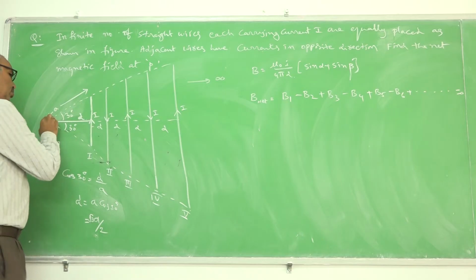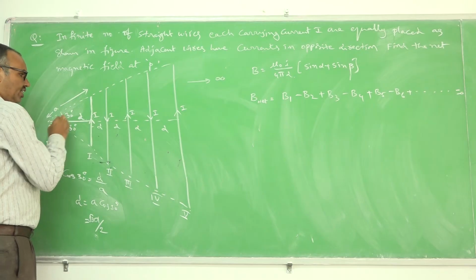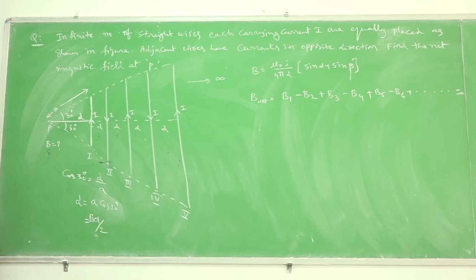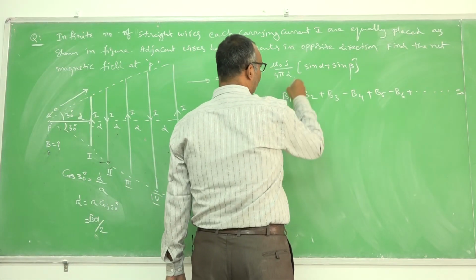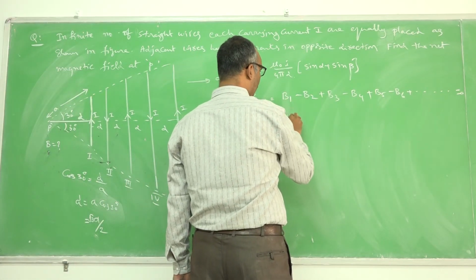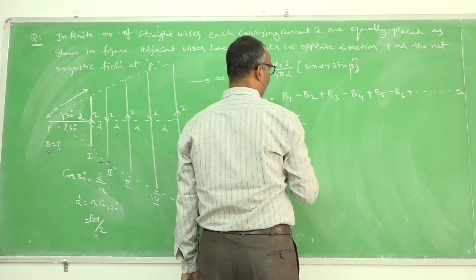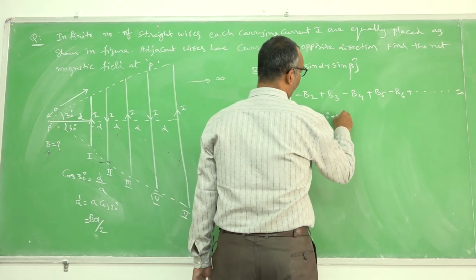So the distance of the point from the first wire is d, from the second wire is 2d, from the third wire is 3d, etc. Now, the common term in all these is mu naught I by 4 pi (sin 30 plus sin 30).